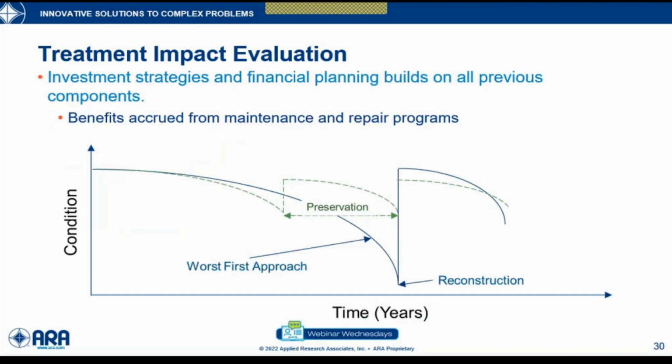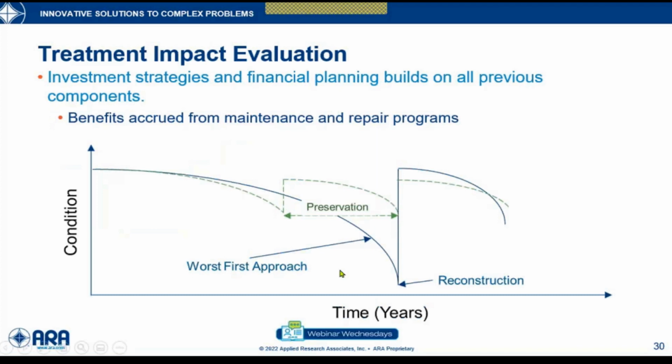And also, understanding the uncertainties associated with that is an important aspect when it comes to planning. So the plot here is a very generic plot, a collective plot that comes from many asset management studies, showing the benefits of having some kind of effective maintenance and preservation program versus the idea of a worst first approach.